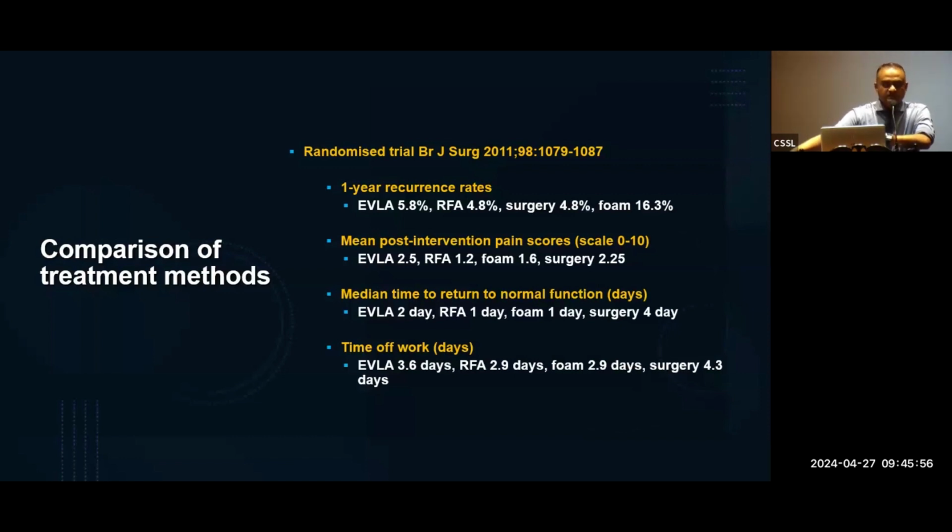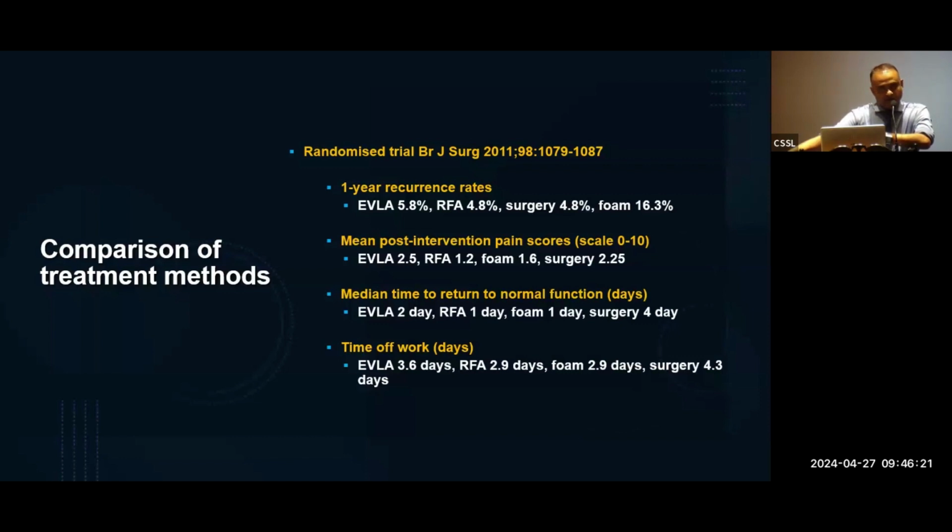So again, the gist of this is that all these treatment methods are available for definitive treatment, that is laser, radiofrequency, foam, and surgery. Surgery will obviously give you a little bit more pain and keep you off work a little bit more, and the time to ambulate and get back to normal activity will be a little bit longer.